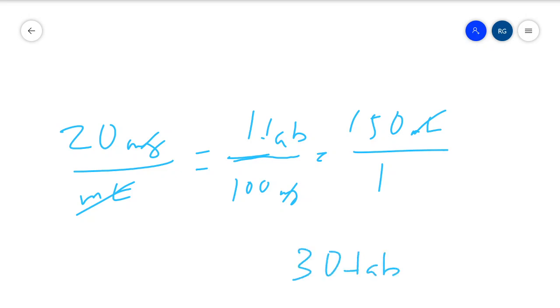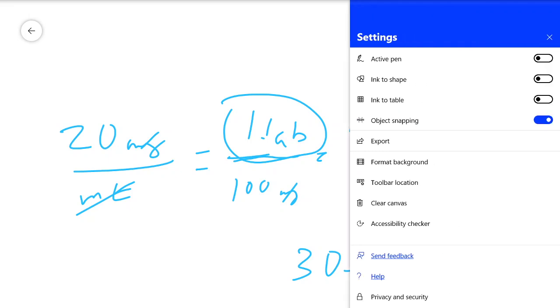So either you could do it this way or the way I did it before, whichever comes easier for you. Just know that we need to end up in tabs because the question requests how many tablets of allopurinol are needed. All right.